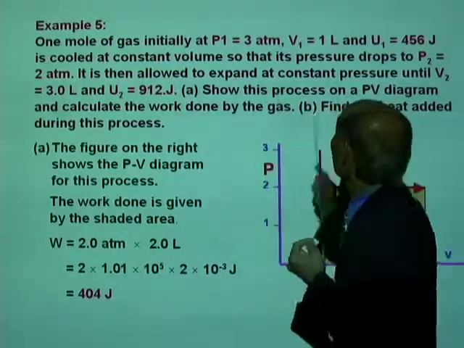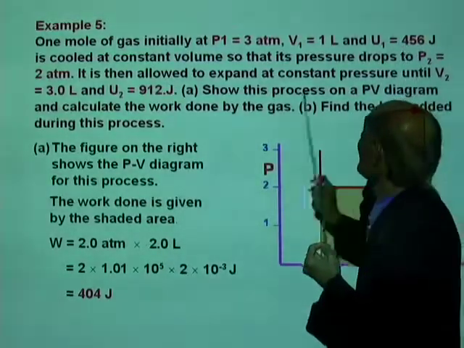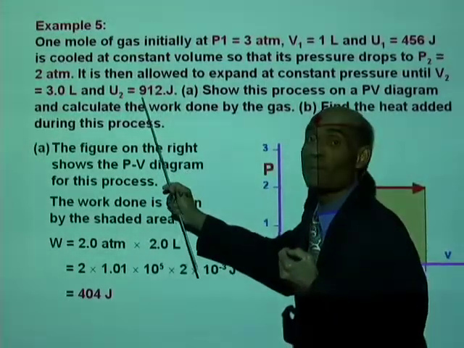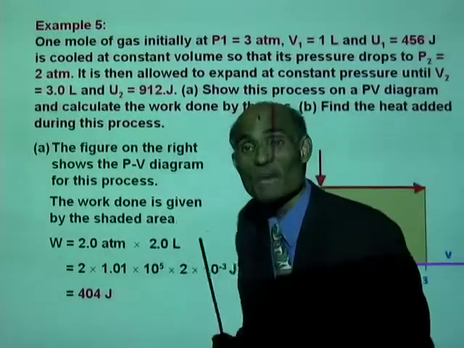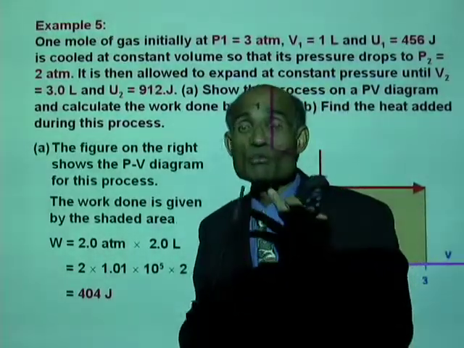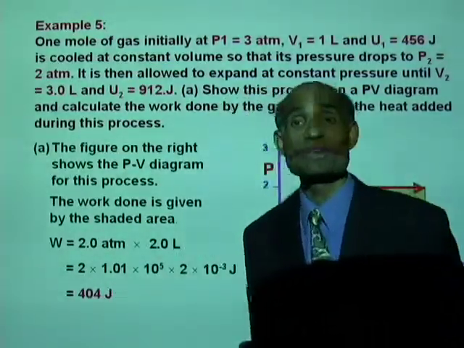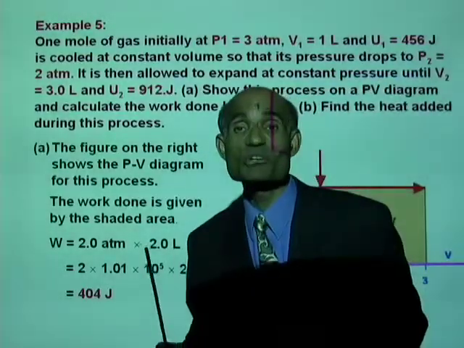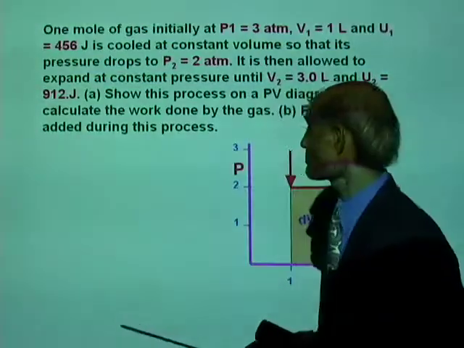Yes, we know. Original internal energy is 456 and the final internal energy is 912. Therefore, what is the change in internal energy? We know that. We know the work done. Therefore, the heat added during that process can be calculated as dQ equal to dU plus dW.